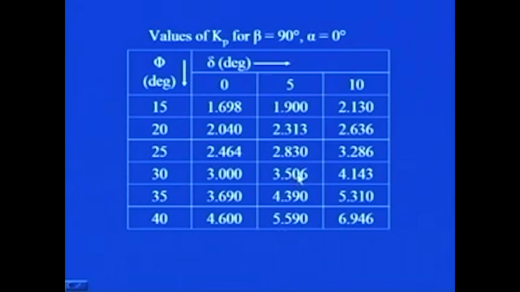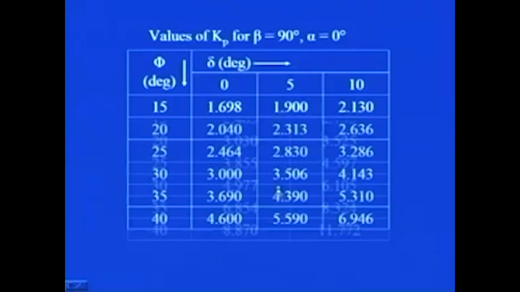You simply either use the expression, or if you want to use this table, approximately what you can do, you can assume linear variation between this value at 30 degree and the value at 35 degree, and you can simply interpolate and get the value corresponding to phi equal to 32 degree and delta equal to 5 degree.